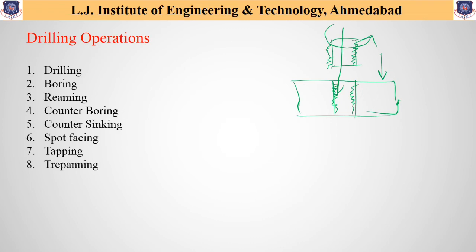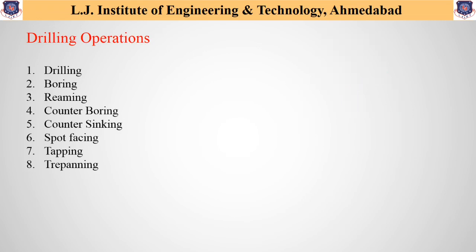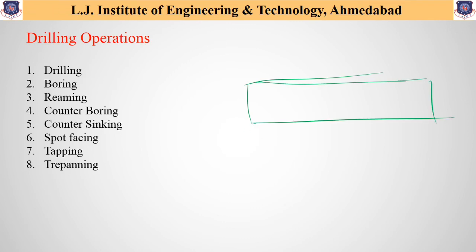And the next and last machining operation, that is the trepanning operation. So to understand this, let's take an example. If on any workpiece one wants to cut a hole of 1 meter size, is it possible to have a drill bit of 1 meter diameter, or is it feasible to manufacture a 1 meter diameter drill bit?